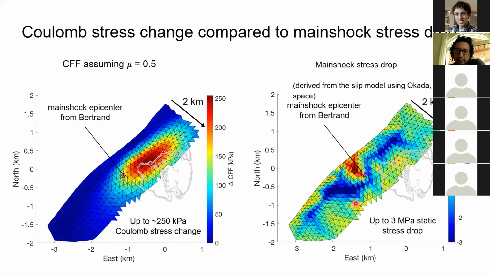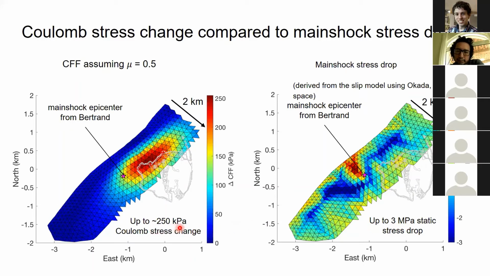But we also see that the stress change from the quarry doesn't explain the total stress drop during the earthquake, which is about an order of magnitude higher than the quarry's influence.